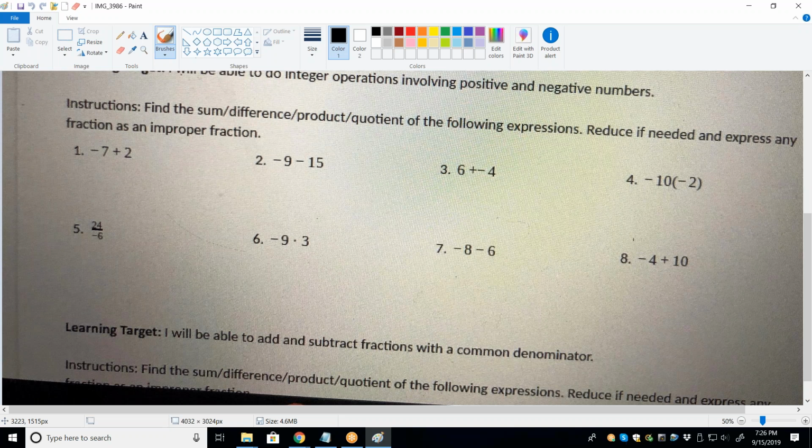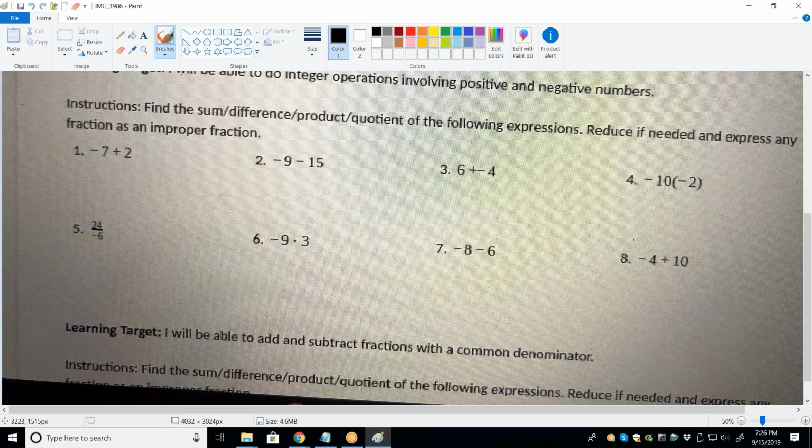Jackson. Yeah. Number 5. Number 5. Sign first. -4. Number 6. -24. No, 27. Sorry.